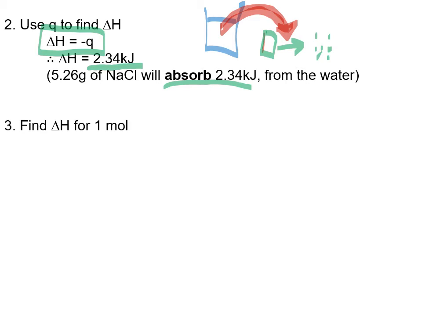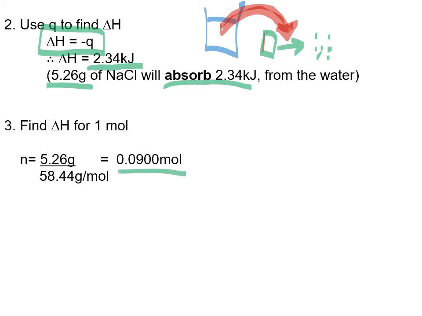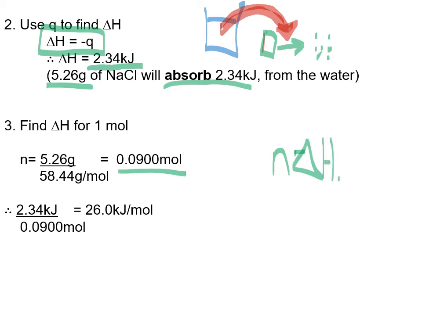Now, that's the amount for 5.26 grams of salt, but the question is asking for the molar enthalpy of solution for the crystal dissolving. So we have to convert that into moles, which is fairly straightforward. We can take the mass and divide by the molar mass, and we're not dealing with a full mole here. This is 0.0900 moles, and we can use, essentially, the equation that n multiplied by delta H of solution will equal the delta H of the particular situation that we're looking at.